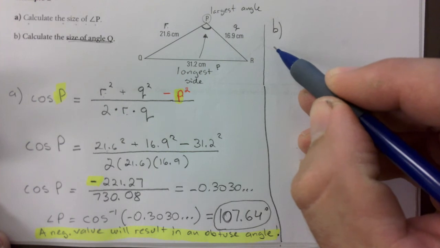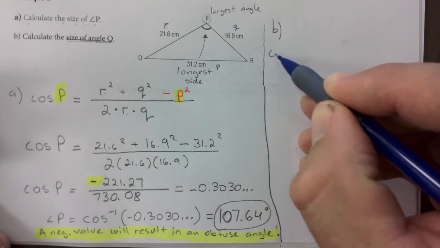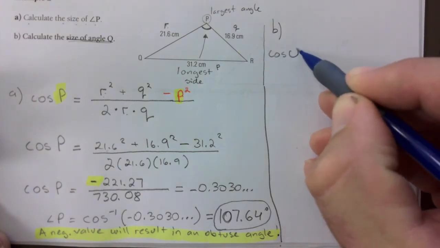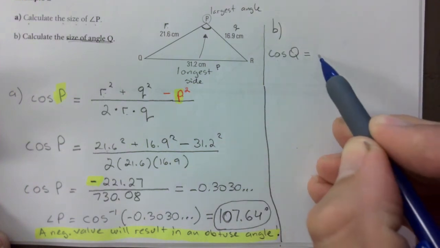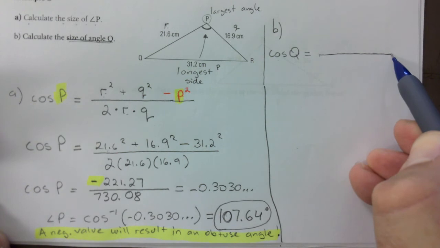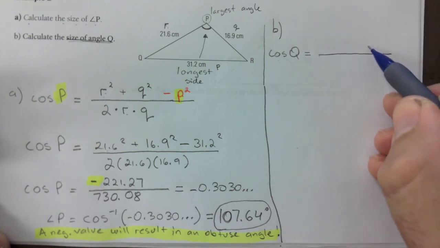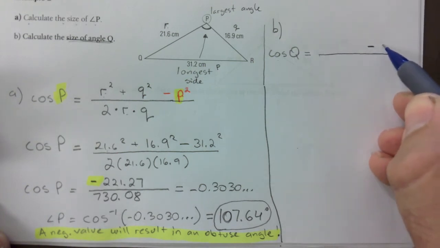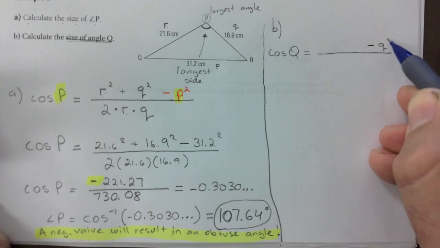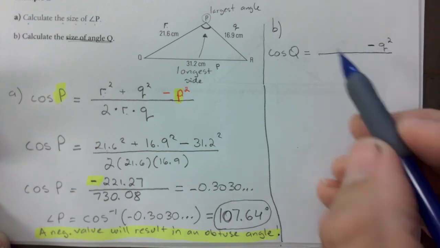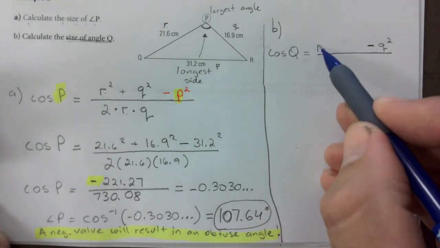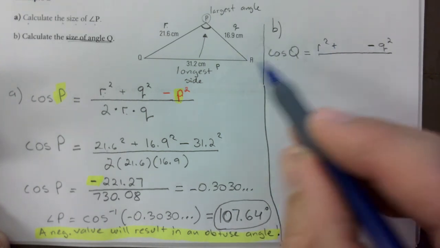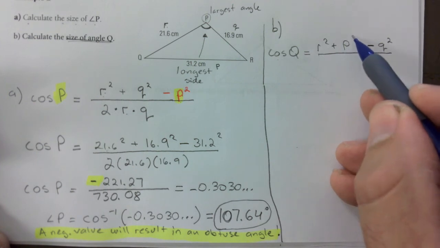So I'm going to actually start under B here. Cosine of Q, if that's the angle I want, I need to start with cosine of Q. Make a long line. What's going to be at the end here? It's going to be minus side Q squared. And then you take the other two and just add them in front. So it'll be R squared plus P squared. The order doesn't matter.